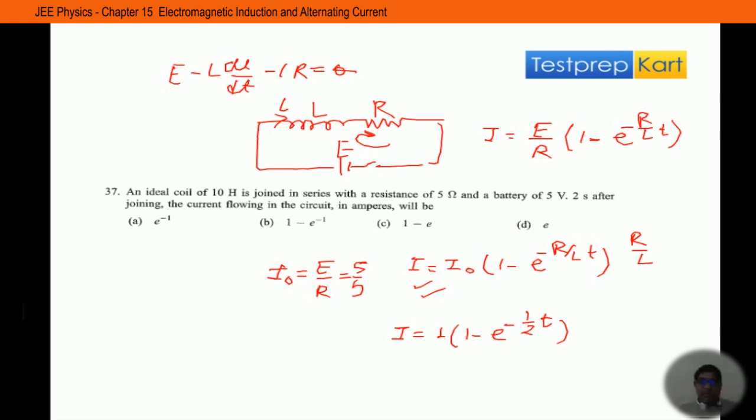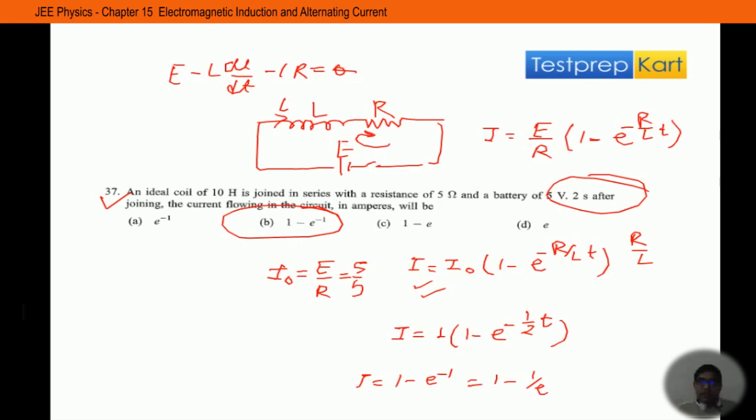And we have to calculate the current after 2 seconds, so put t equals 2. From there we get I equals 1 minus e to power minus 1, or you can write 1 minus 1 upon e. But in this question the option is given as 1 minus e to power minus 1, so we'll go for this option. Option B is right for this question.